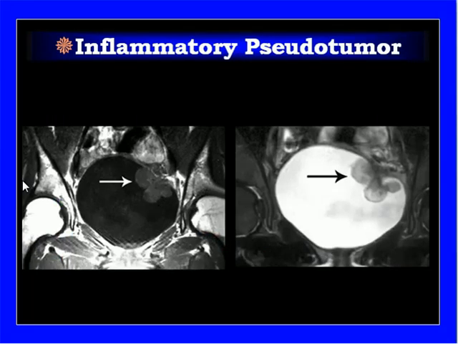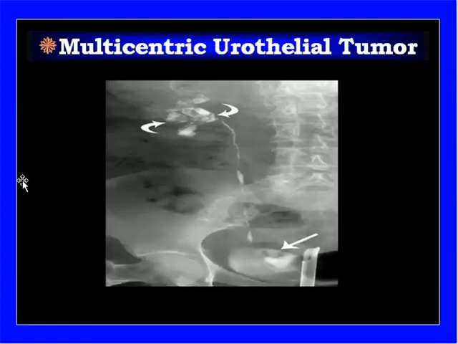Now sometimes there are pseudotumors which result from inflammatory conditions of the urinary bladder. They very much look like bladder carcinoma, but biopsy and cystoscopy are performed to clinch the diagnosis. Multicentric urothelial tumors.